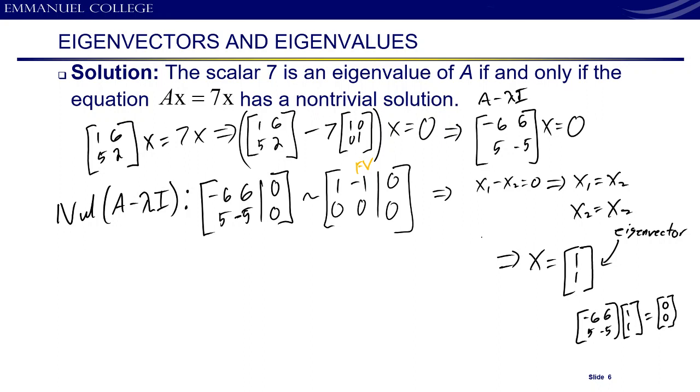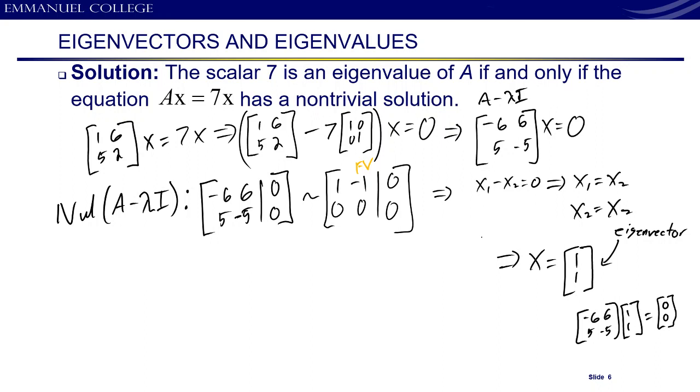Now, this is where you have to be careful, because if you remember, the null space is the set of all linear combinations of that vector. So 1, 1 would work, 2, 2, 3, 3, half, half. Those would all work. But because we don't want to introduce another constant, we just take the base eigenvector without any scalar multiplied by it.